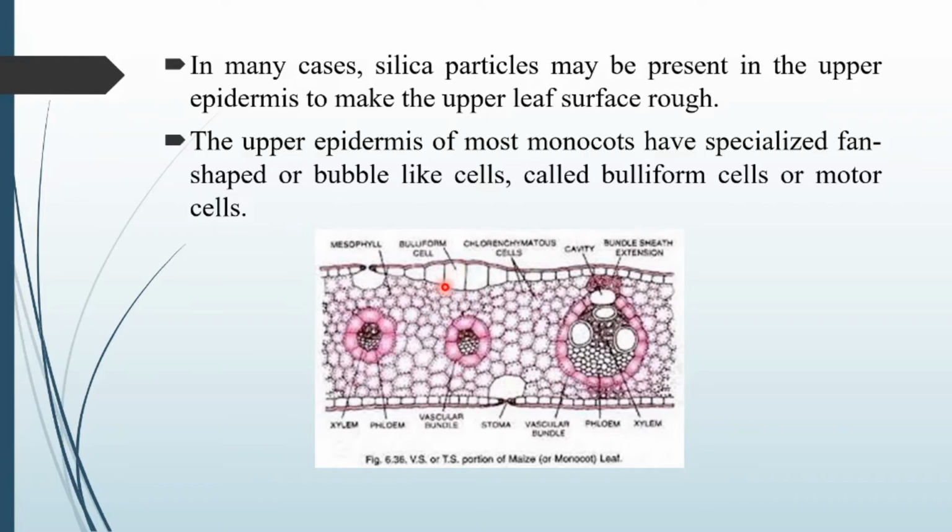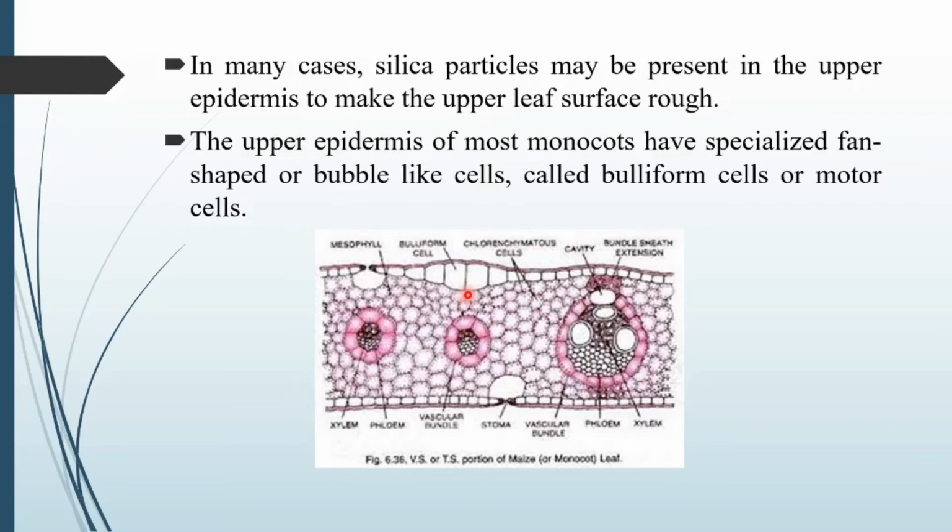These cells bring about the rolling and unrolling movements of the leaf lamina of most of the grasses. Rolling occurs by the rapid loss of water from the bulliform cells during dry periods, so the leaf lamina becomes rolled.